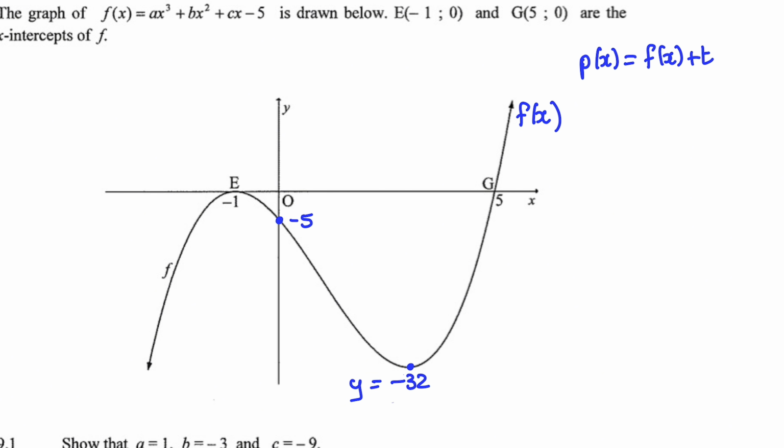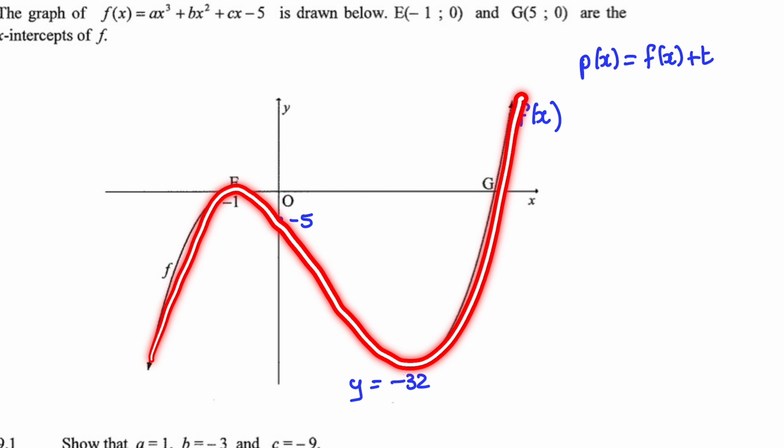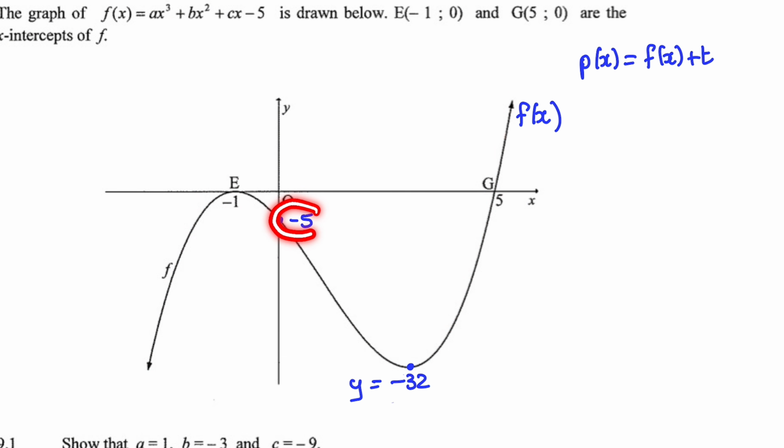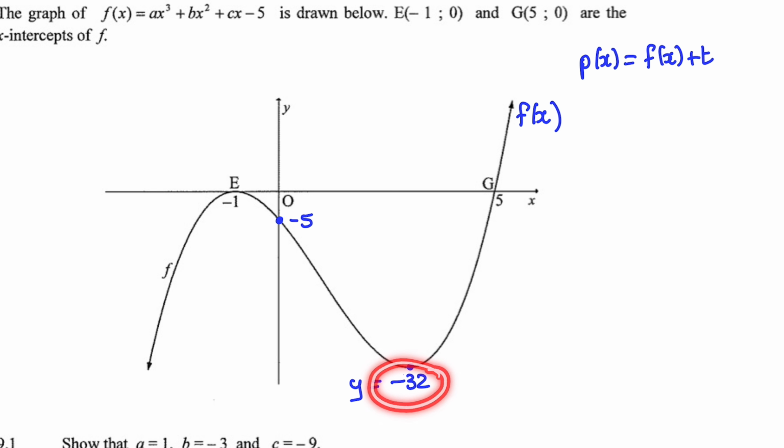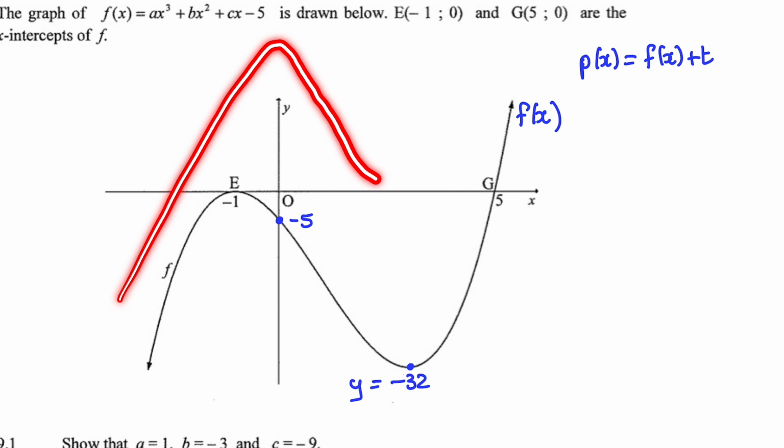Now can you see that if I take f x and I move it up from -5 to 0, I'll have a negative root, then one root going through 0 and one positive root. And if I move it up all the way by 32 units, I'll have a negative root, and that 32 would become my positive root.